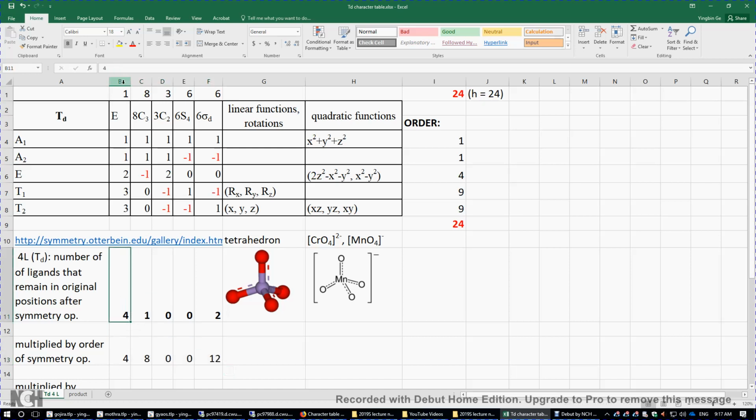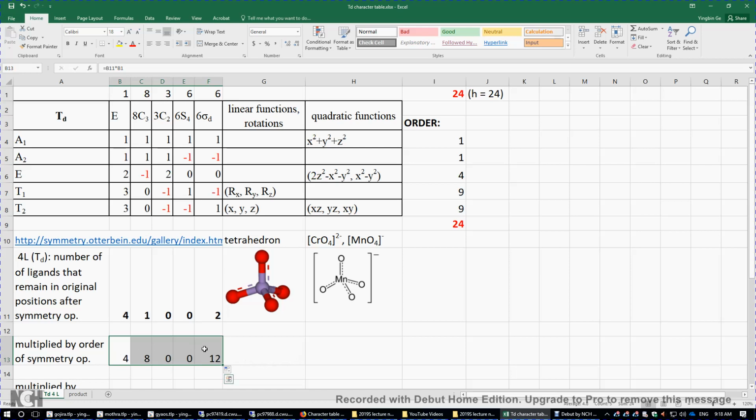So 4 times 1, you get 4. 1 times 8, you get 8. 0 times 3, you get 0. So basically, I'm using an Excel function here. It's just a multiplication function, and then we can drag it horizontally. And the last one is 2 times 6, you get 12. We're not done. We get these 5 numbers.